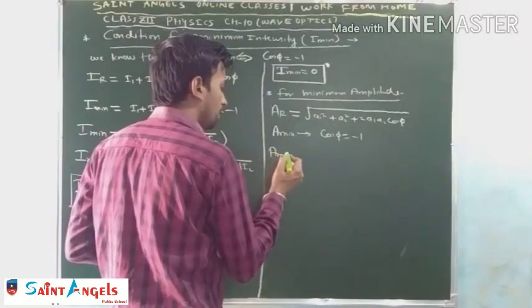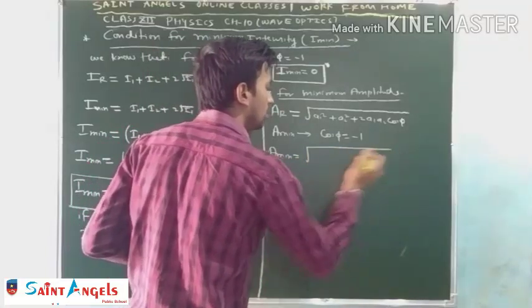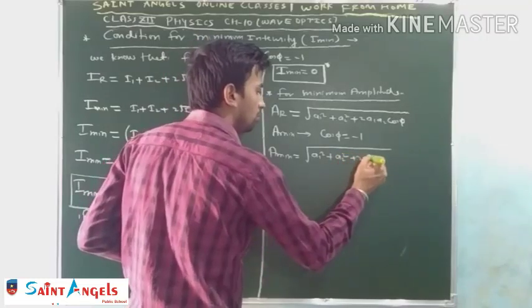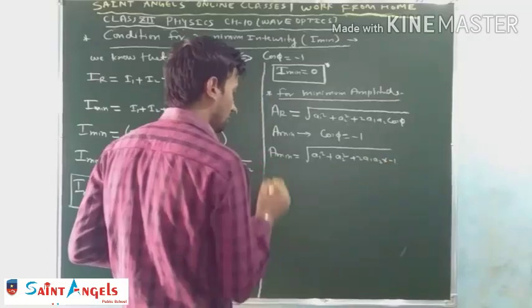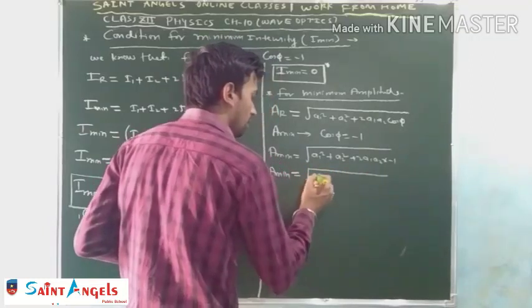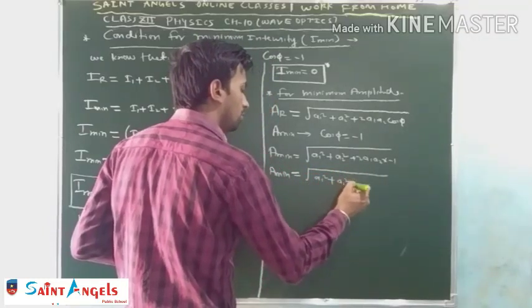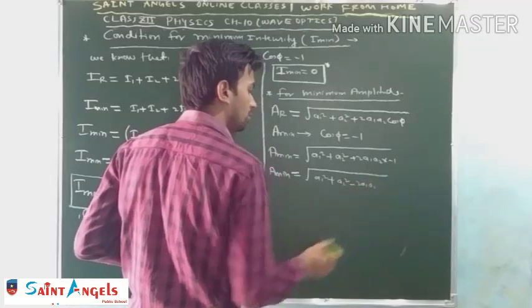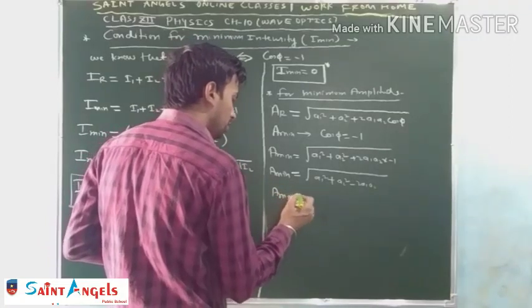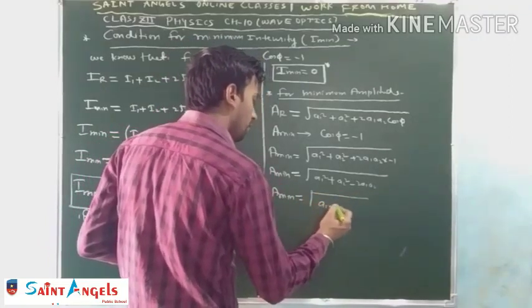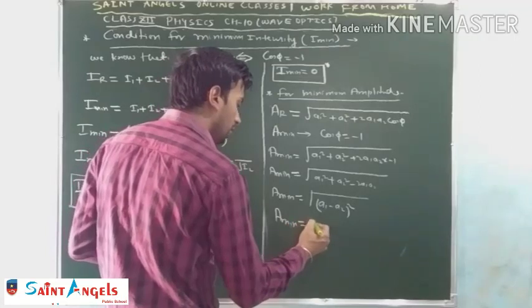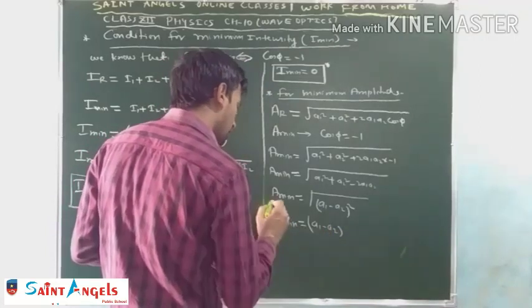We have minimum amplitude equal to under root A1 square plus A2 square plus 2A1 A2 into minus 1. By solving, we get A1 square plus A2 square minus 2A1 A2. Student, this is the formula of A1 minus A2 whole square. So minimum amplitude is equal to square root of A1 minus A2 whole square. By solving, we get minimum amplitude equal to A1 minus A2.